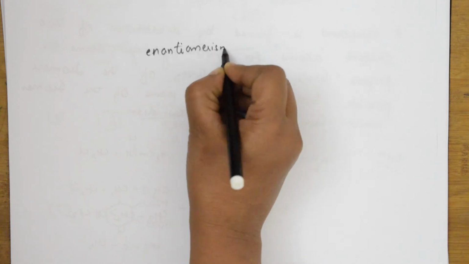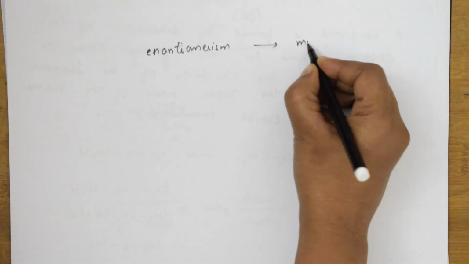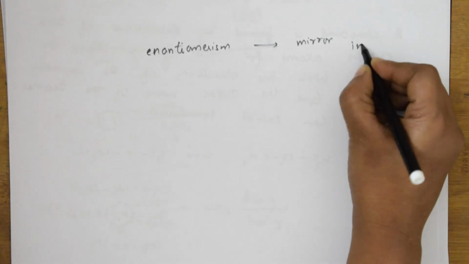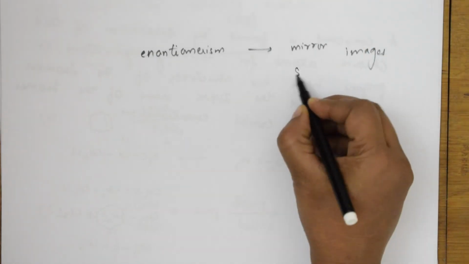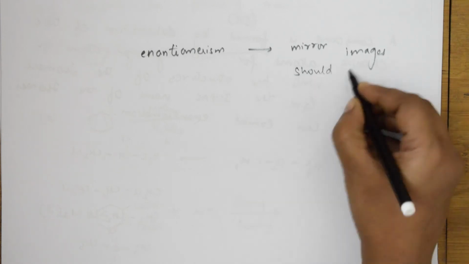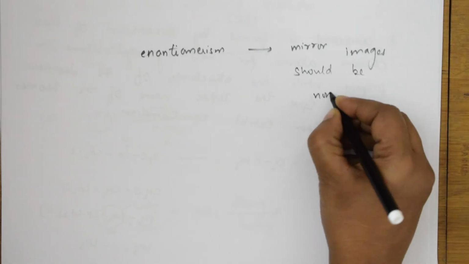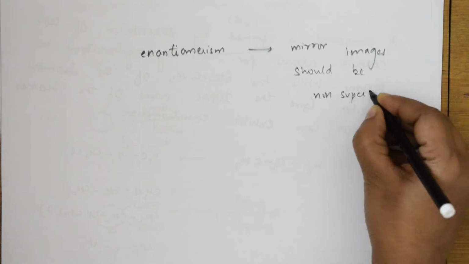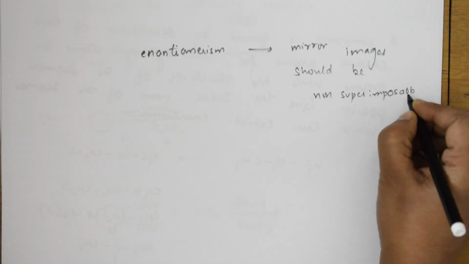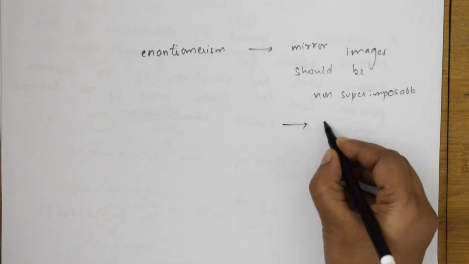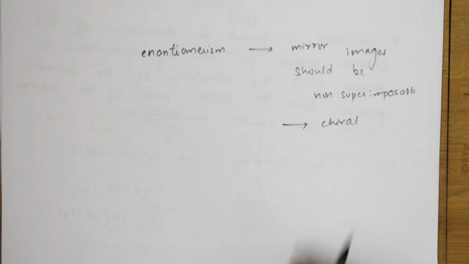Enantiomerism means mirror images should be non-superimposable. And it should have what? Next important, it should have a chiral carbon. Chiral carbon means it should have 4 different groups. Asymmetric carbon is nothing but chiral carbon.